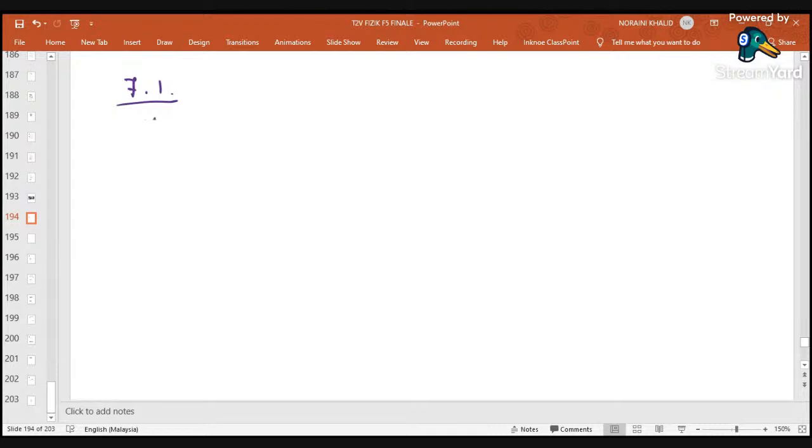So you have this formula, E equals to hf. So E is known as photon energy. h is the Planck constant. You can check the list of formula for its value.